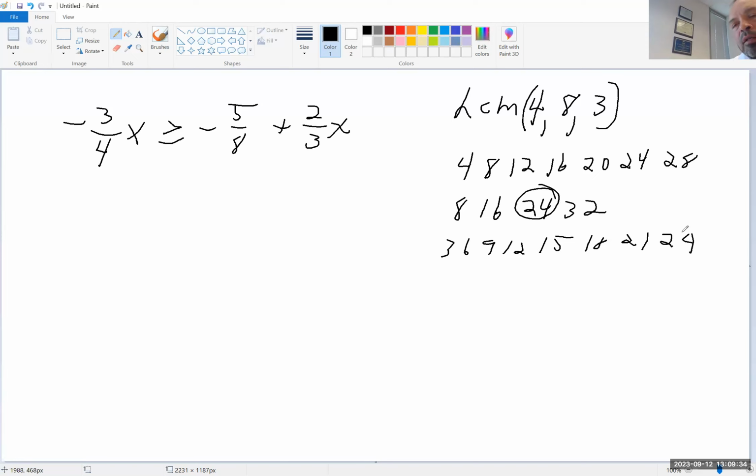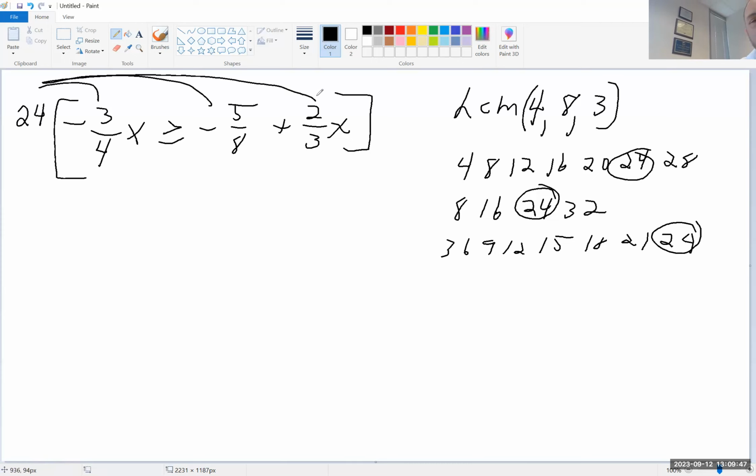And you'll be able to identify the LCM. So I'm going to use that because if I multiply each of these by the LCM, then I'll be able to get rid of the fractions.